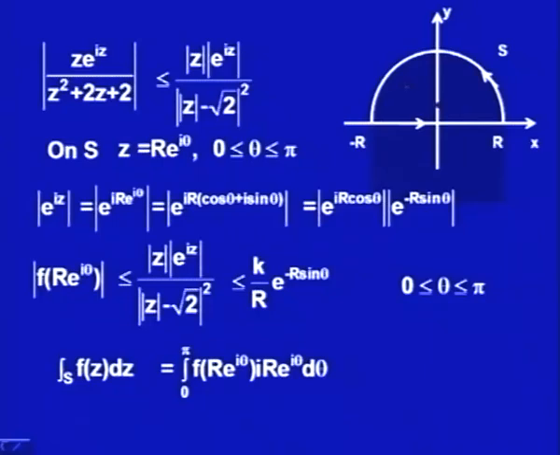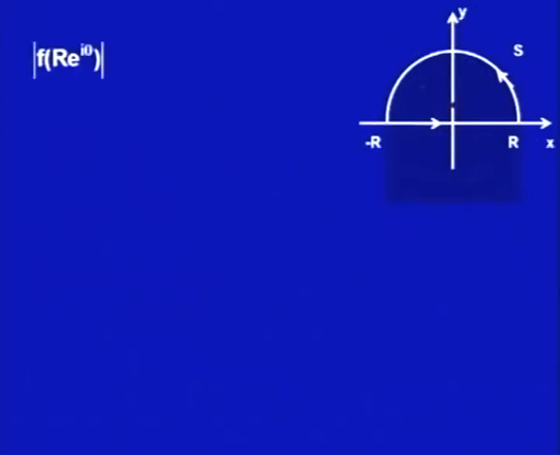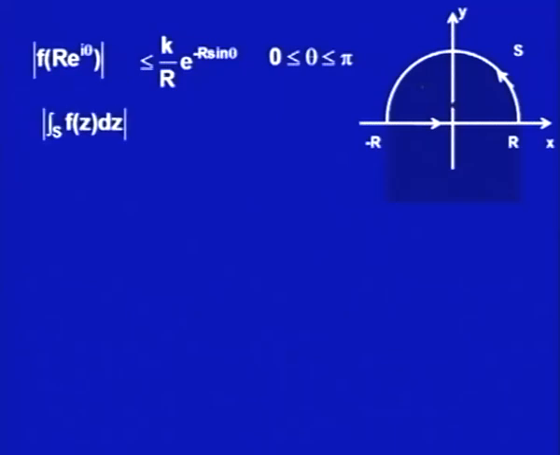Now, use the ML inequality. We have f of r e to the power i theta bounded by k upon r e to the power minus r sin theta. The integral over S of f z d z can be written as the integral from 0 to pi of f of r e to the power i theta times e to the power i theta d theta, and this r is constant with respect to theta.